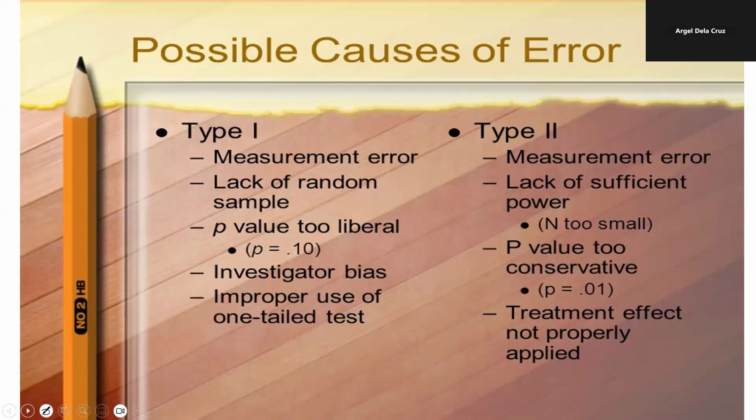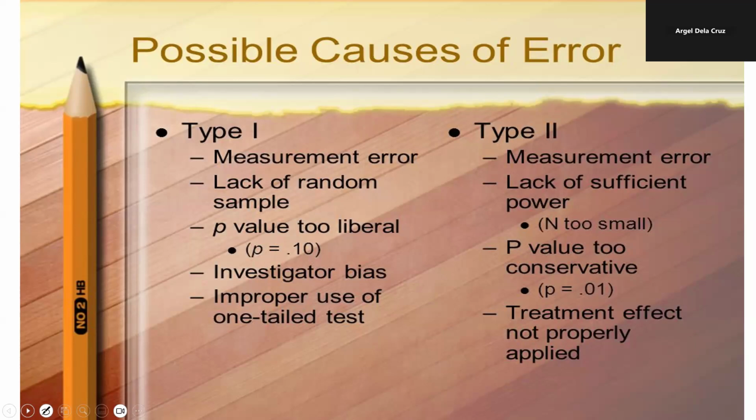Number one, there is measurement error. Perhaps your instrument is not sensitive enough to indicate whether the hypothesis should be rejected or accepted. Another is lack of a random sample.